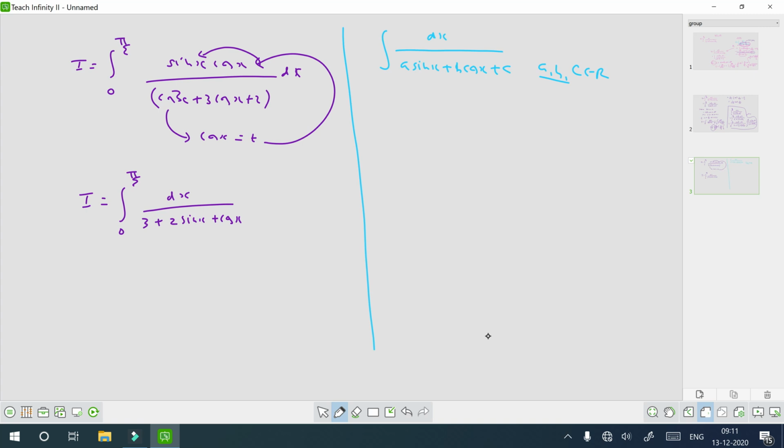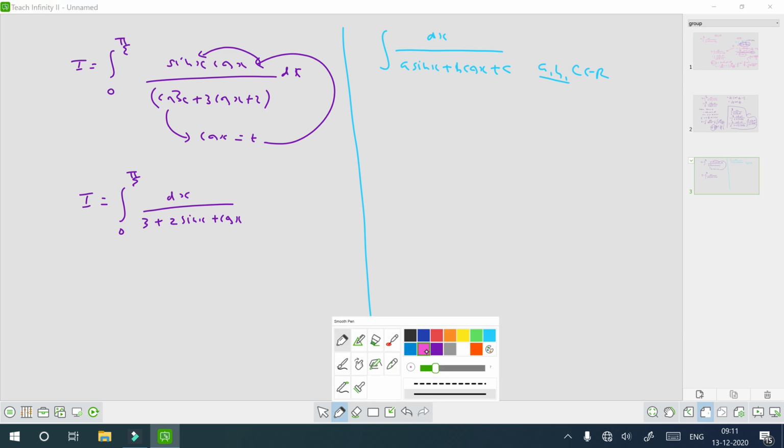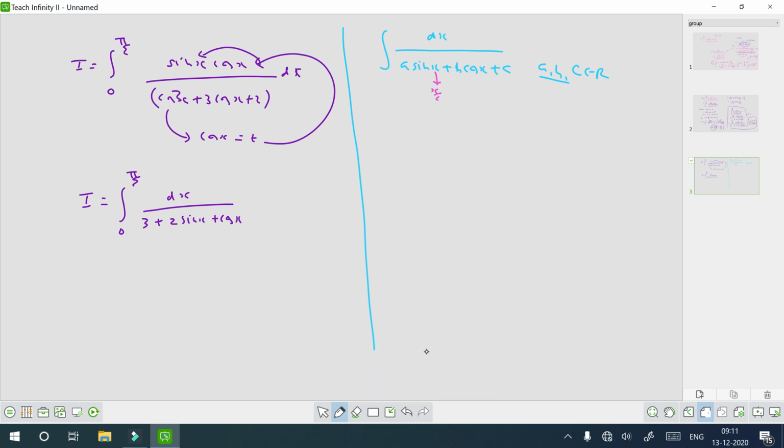In that case, what we have to do? See, here they can take x by 2 also, they can take 2x also, they can take 3x also, they can take any variable here. Now, then what we have to suppose? Let us consider in that way integral dx over a sin some angle, b cos some angle plus c.